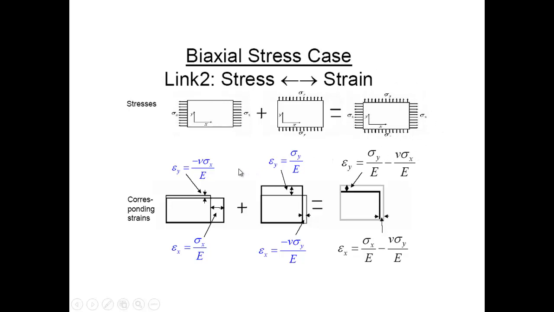So this is the strain at the y-axis, and this is the strain at the x-axis for the second condition here. When they sum up all of these, they get the strain in the y direction equal to this, and also the strain in the x direction. This is for a biaxial case.